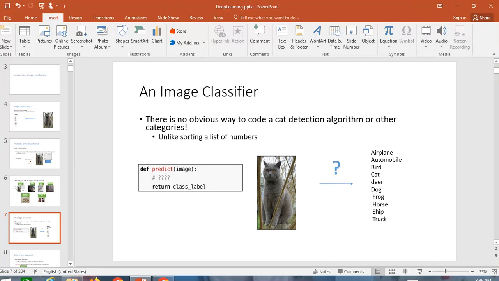Because myself, the programmer, do not know exactly how I can recognize that this picture is a cat. Or let's take another example. I can tell which friend's voice is from my friend's voice on the phone.